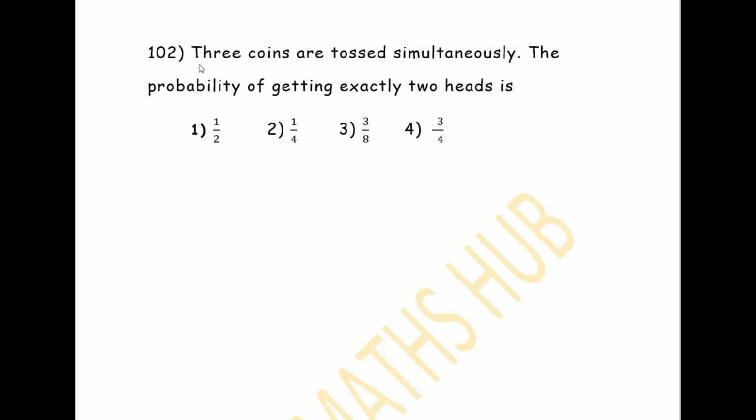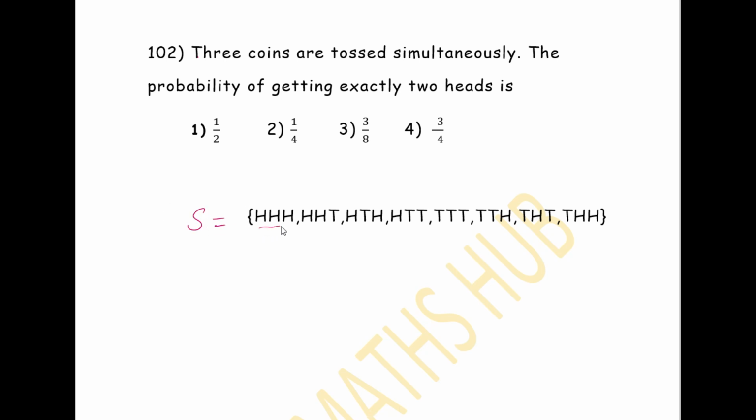Next question. 3 coins are tossed simultaneously. The probability of getting exactly 2 heads is. Now we need to find out the sample space. The sample space S equals outcomes of all the possible events. The possible outcome sample space is HHH, HHT, HTH, HTT, TTT, TTH, THT, THH.